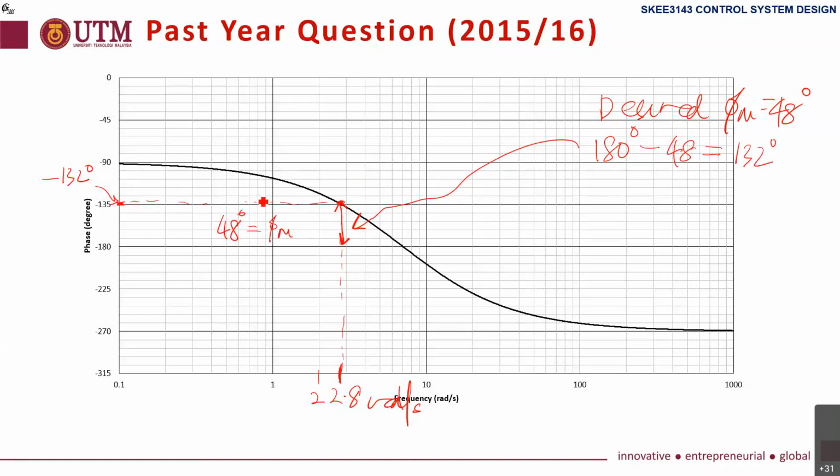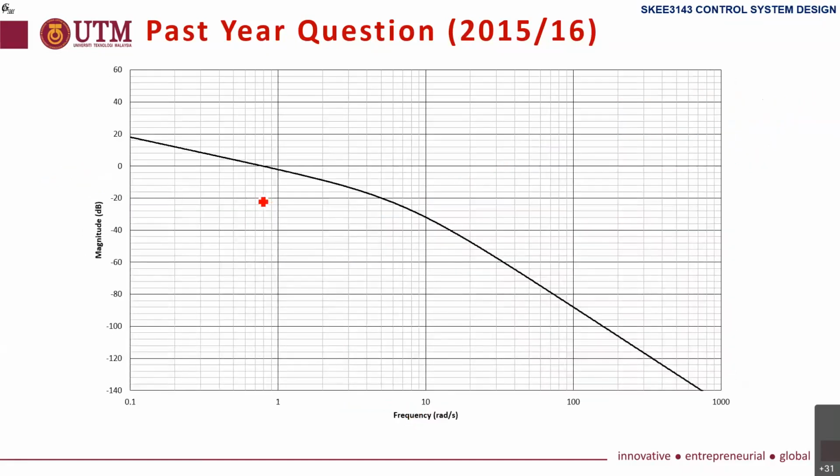So, therefore, at 2.8 here, the gain must be at 0. We want to make sure all the magnitude increases so that it will be like this, and here is 0.